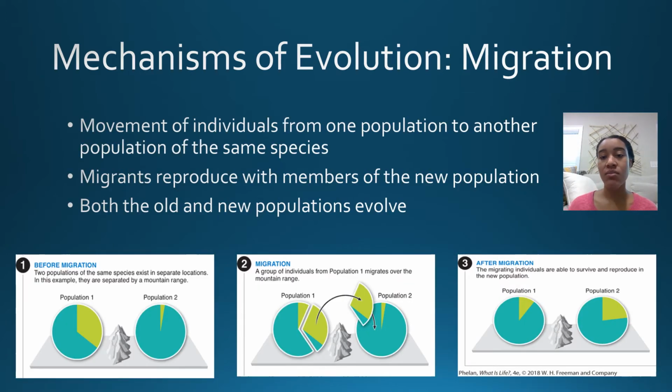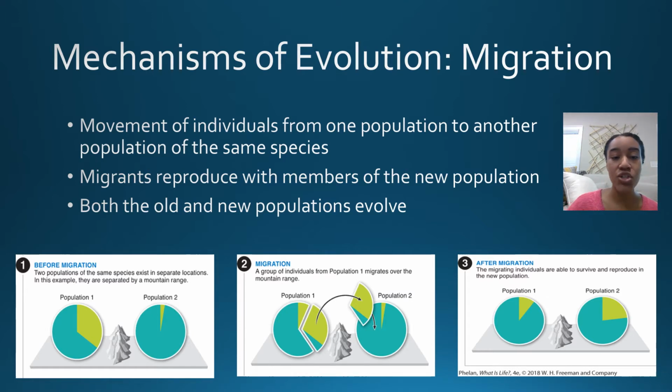The next mechanism of evolution we're going to talk about is migration. Migration is the movement of individuals from one population to another within the same species. We're going to use the images below as an example. Let's say we have two distinct populations of buffalo that are separated by a mountain range.